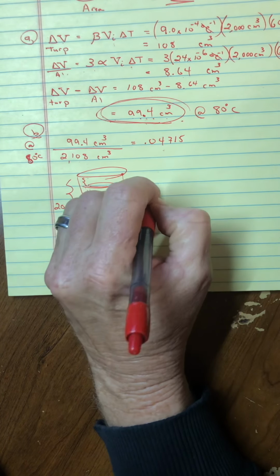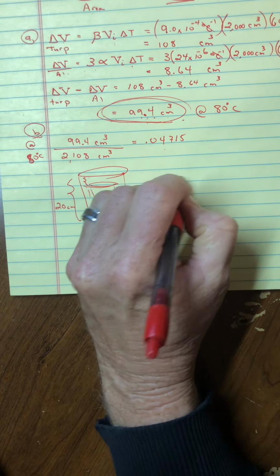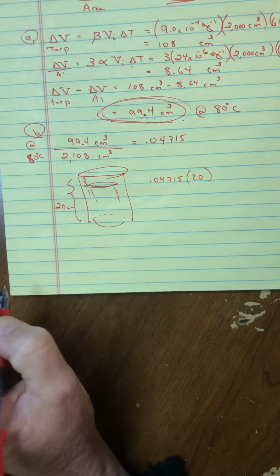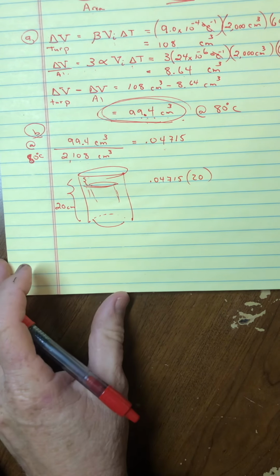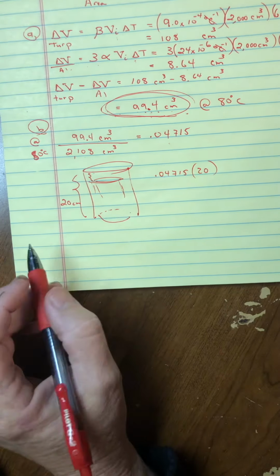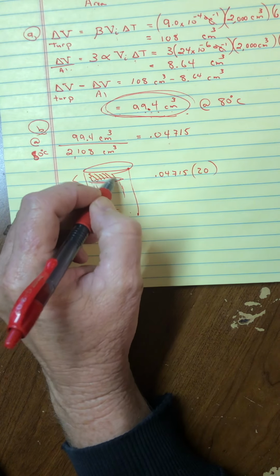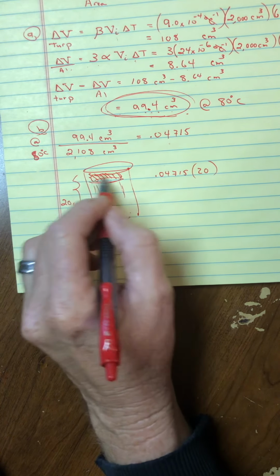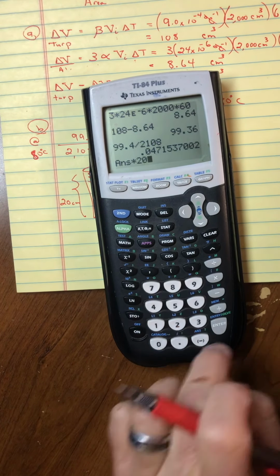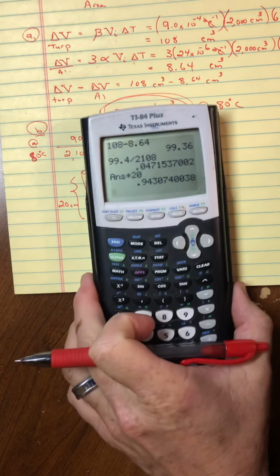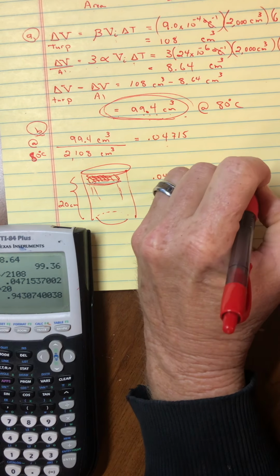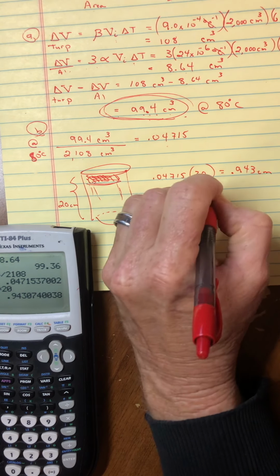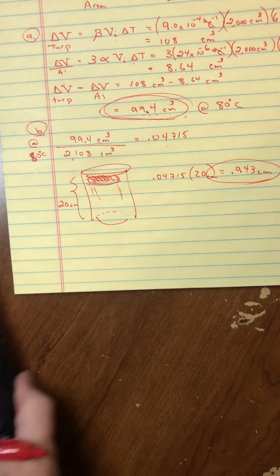So I could say 0.04715 of 20. You know, what fraction of 20 would it be below? Because this is the fractional loss. And so this little top here would represent the amount that is lost. Okay, so let me make that number and multiply by 20. And it looks like we are at 0.943 centimeters. This would be centimeters. Down below.